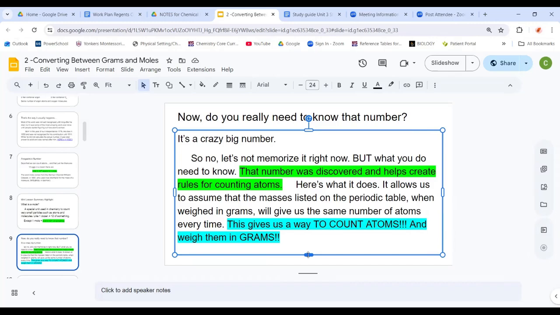Just like the density of a material doesn't change unless we change the temperature, we know that there's something going on inside these samples that's making the atoms stay close to each other in a way that allows you to predict how many of them are in a particular sample size. And that seems to hold true as we go through the whole periodic table, whether you're dealing with a gas, a solid, a liquid. It's been proven in every type of sample.